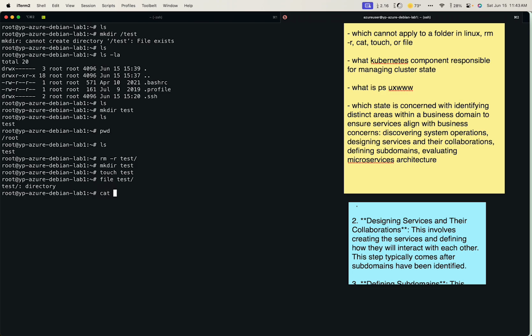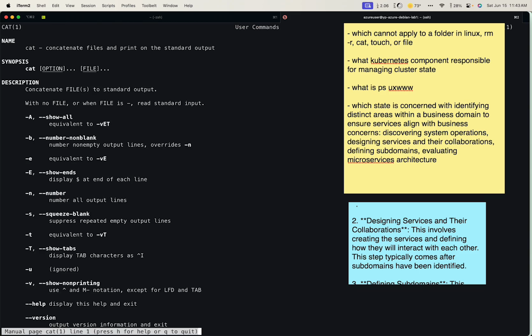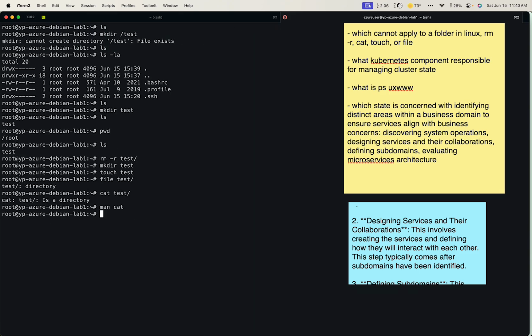And the answer, I believe, is cat. You cannot cat a directory. Obviously, cat is concatenate files and print on the standard output, and a directory doesn't have any content, right? It's just a way of holding a structure that holds files. So you can cat files, but you can't cat directories.